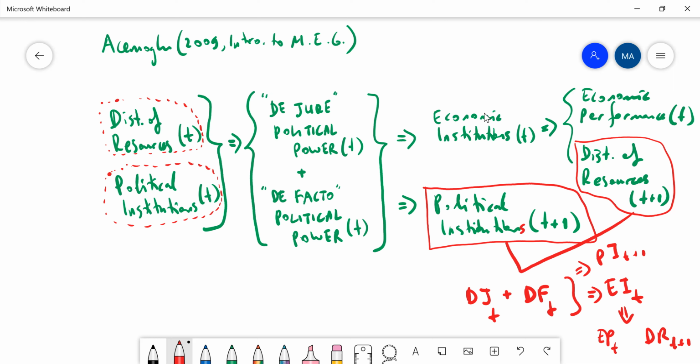But then, if the conditions are right, a military coup can happen, and through that military coup the distribution of resources is altered, political institutions are altered, and the de facto political power of the government is diminished, right? So even if on the written constitution the de jure political power is exceptionally large, after the military coup the de facto political power is nothing, all right? And then that creates long-run effects on economic institutions and political institutions.